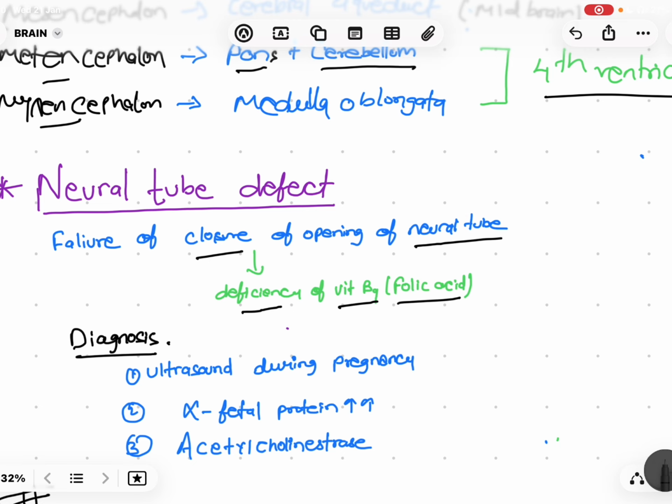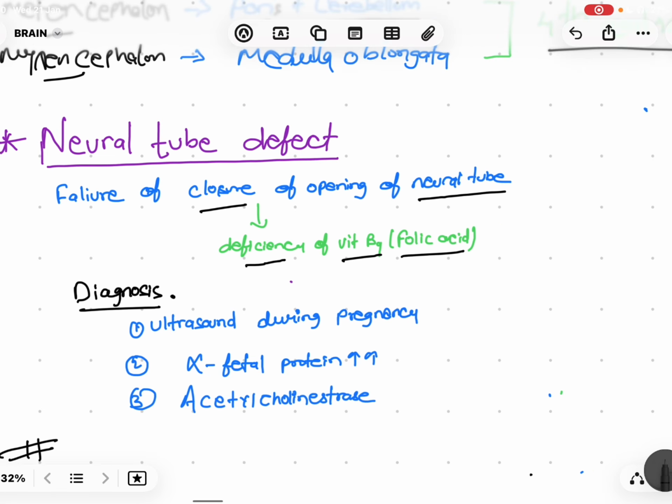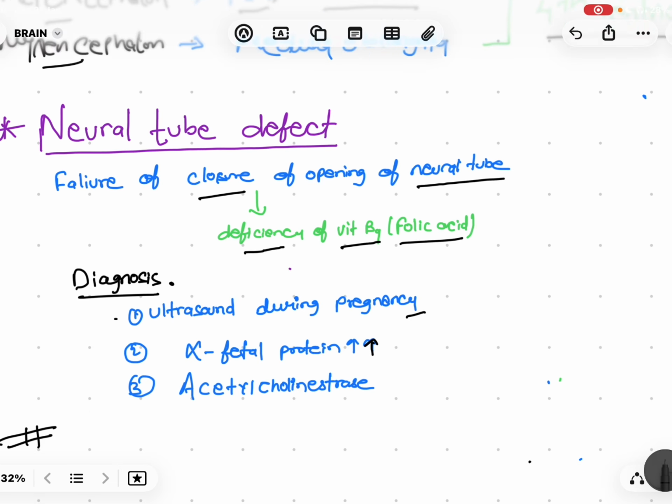About diagnosis: first, we can go for ultrasound during pregnancy. Second, we can also check alpha fetoprotein. If it is increased in the body, then maybe it indicates a defect. And also acetylcholinesterase: if this enzyme is present, it also means there is a neural defect.